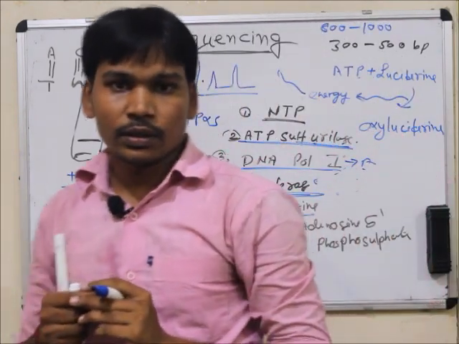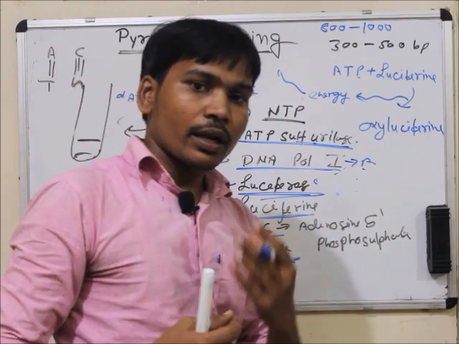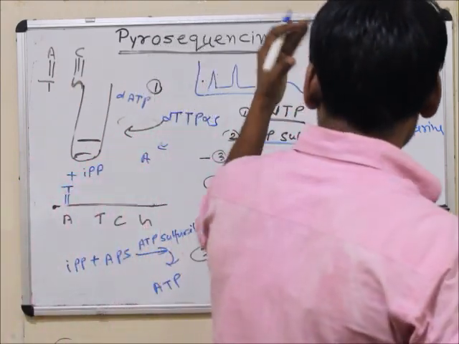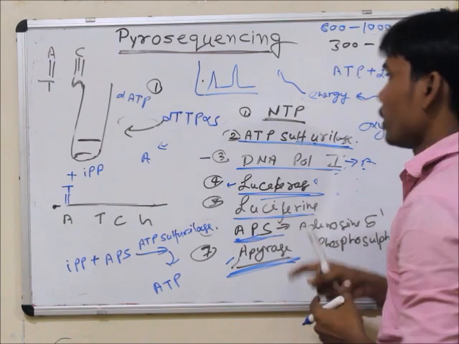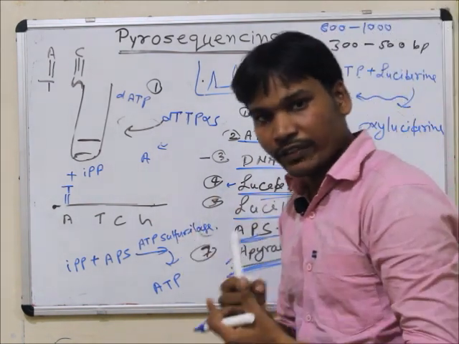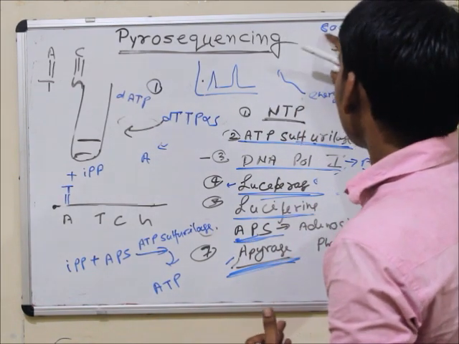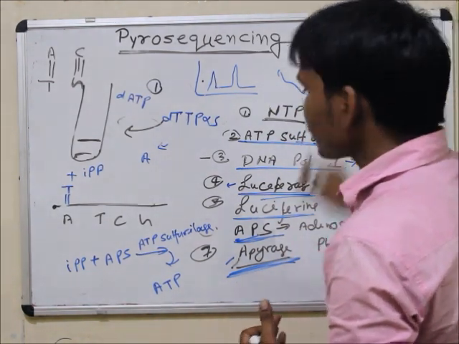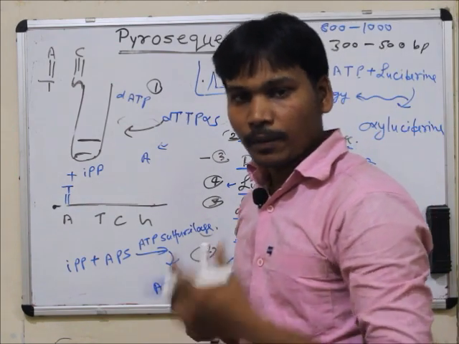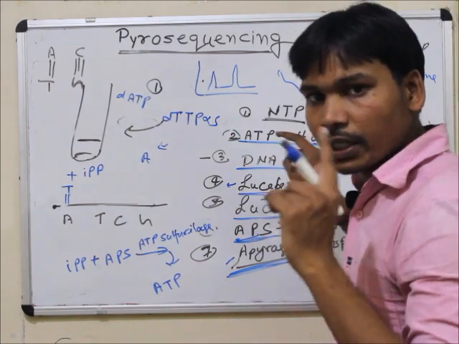Suppose there is a long DNA sequence or long genomic sequence, so restriction digestion is required and different fragments will be obtained. Each fragment is transferred to different reactions for sequencing in single stranded form, and 800 to 1000 base pair long DNA sequences will be sequenced at a single time.